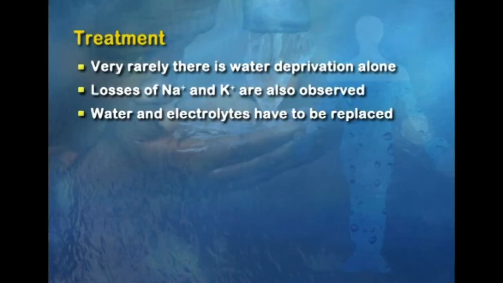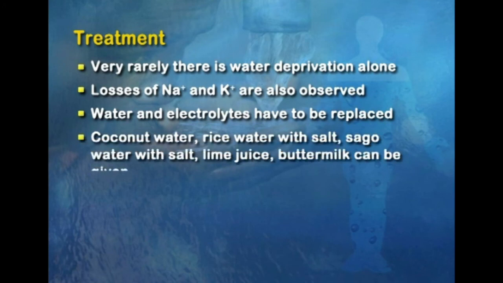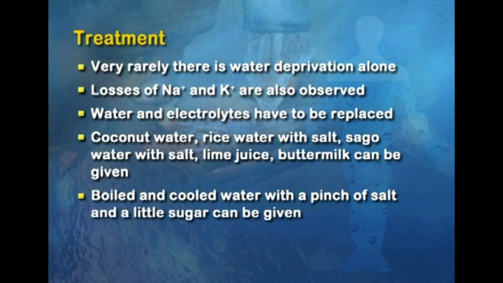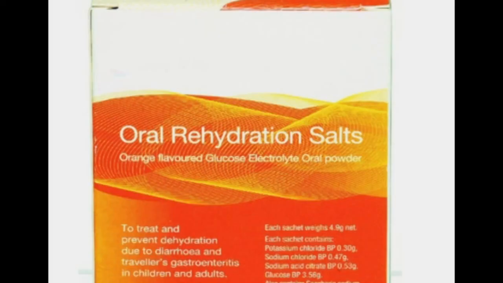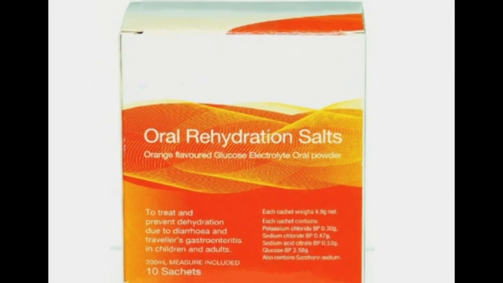For example, coconut water, rice water with salt, sago water with salt, lime juice, buttermilk, they can be given so that it replaces both water and electrolytes. Boiled and cold water with a pinch of salt and a little sugar can also help in restoring water and electrolyte balance. Of course, commercial ORS are also available, which contain sodium, potassium, chloride, bicarbonates, and a little amount of glucose.